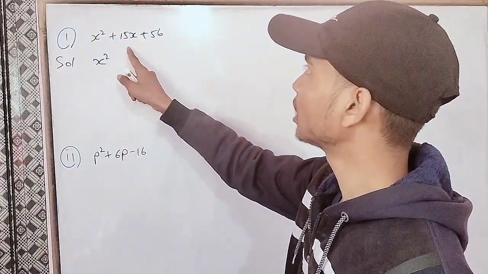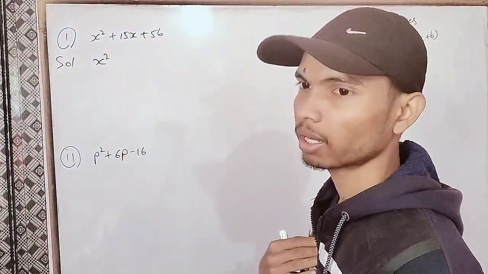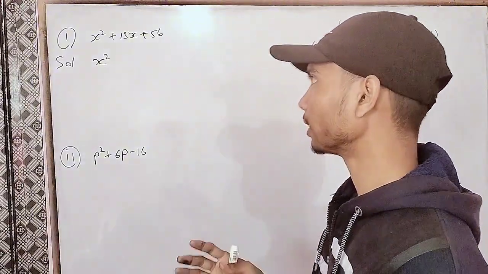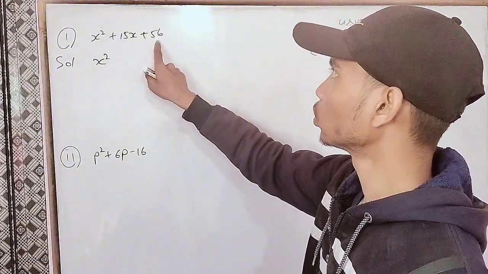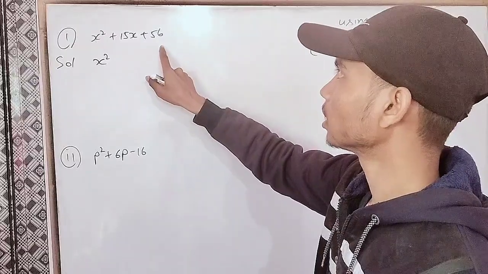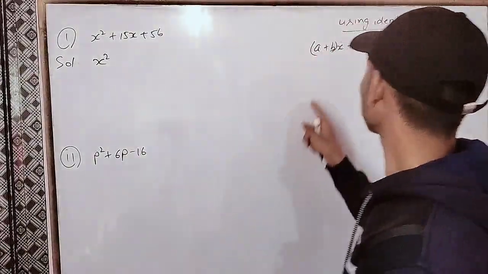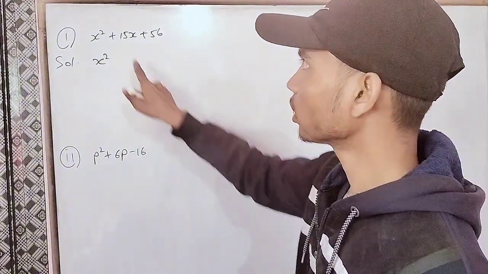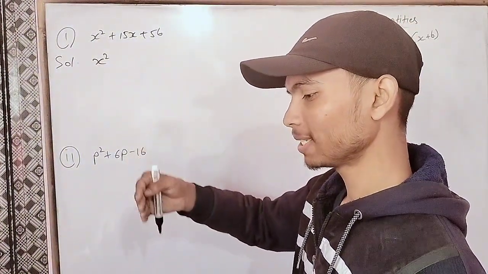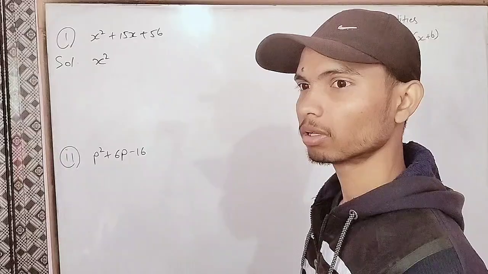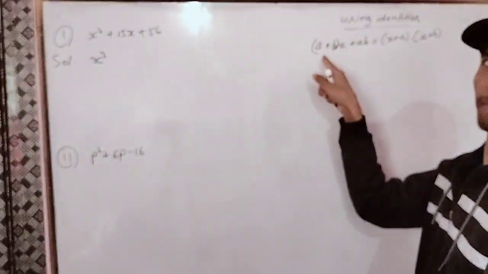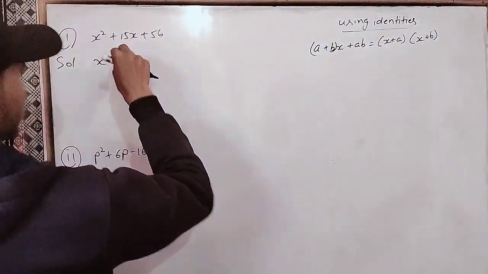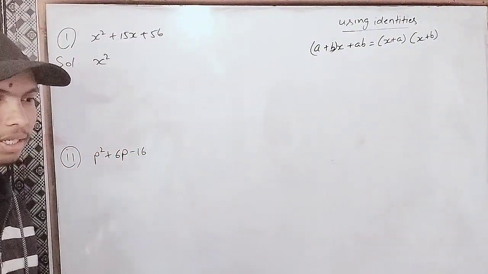So here we are looking at a and b. We need a and b such that their product is 56, but their sum is 15x.